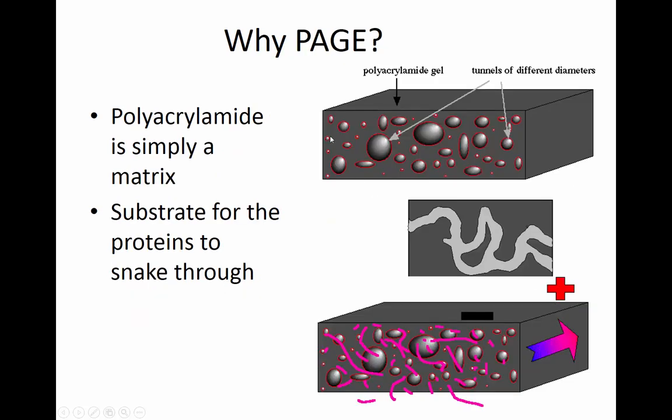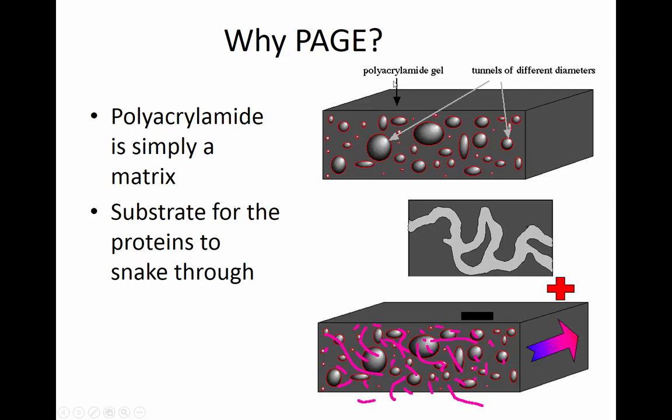And again, why PAGE, polyacrylamide gel? Why the gel matrix here? Well, it is because it's simply a matrix. It kind of looks like maybe a sponge or, you know, a big mesh of polymer, and there are tunnels of different diameters and different lengths, and it's a substrate for the proteins to snake through.